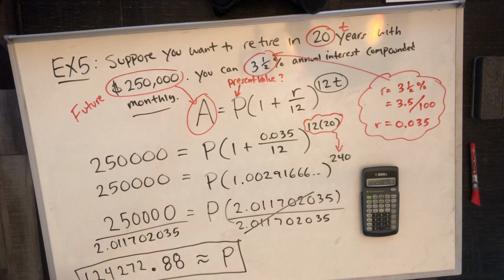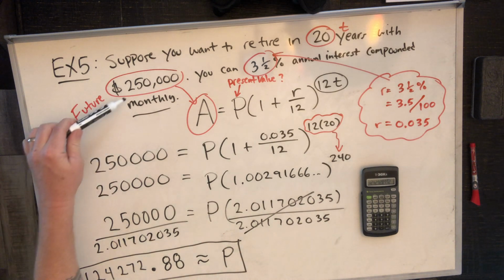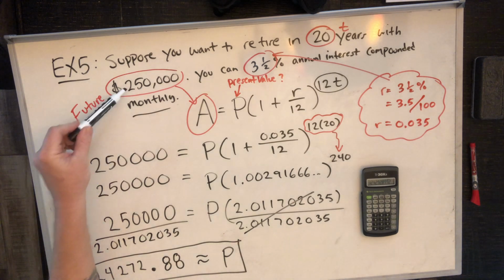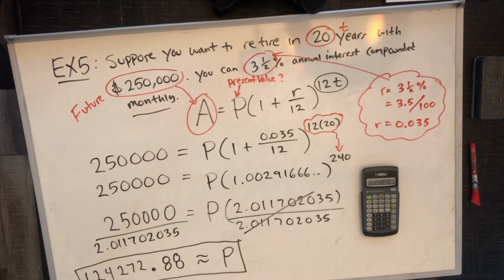It's about half. I'd like to compare present value to future value. So $124,000, almost $125,000, is worth $250,000 in 20 years. So it's about half.